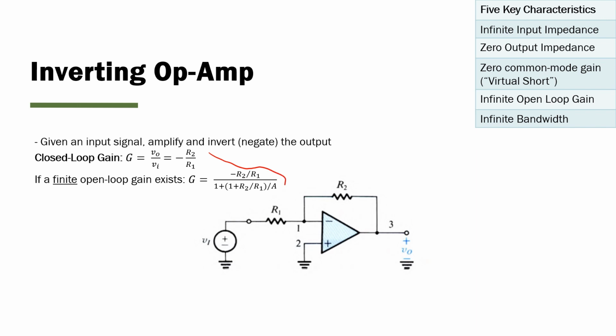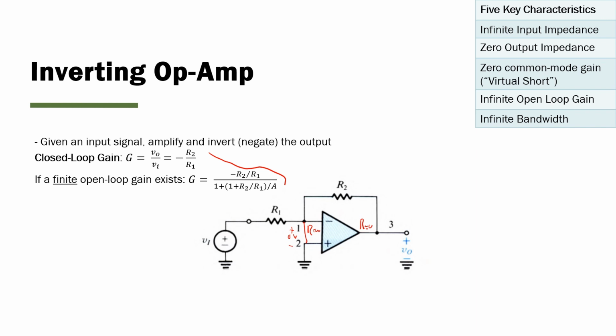There's infinite input impedance, so here at this negative and positive terminal, we have infinite input impedance. We have 0 output impedance. We should have a voltage difference of 0 across terminals 1 and 2. We have infinite open loop gain and infinite bandwidth.